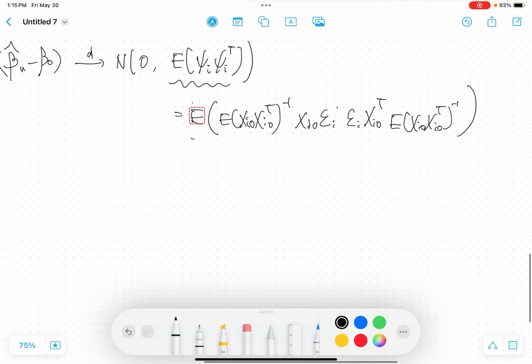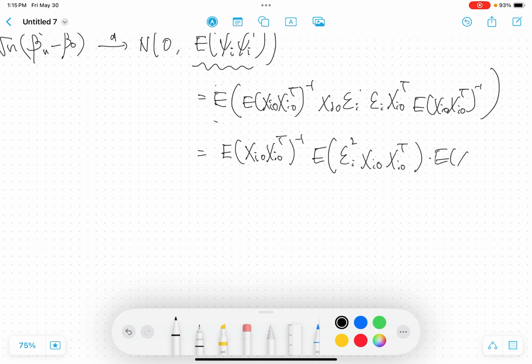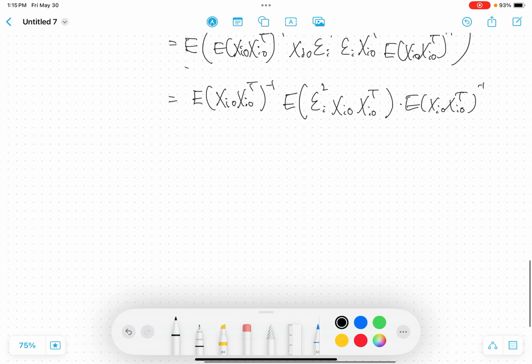Okay, this is what we get, and in the end you get the sandwich formula: xi0 transpose inverse expectation epsilon I squared xi0 transpose times expectation xi0 transpose inverse, right? And this is actually the desired answer.